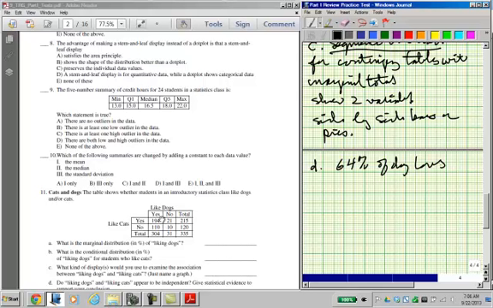Okay, yes. 304. So 194 out of 304 dog lovers like cats. That's 0.64, okay, 64% of dog lovers like cats, which is the same as the total.